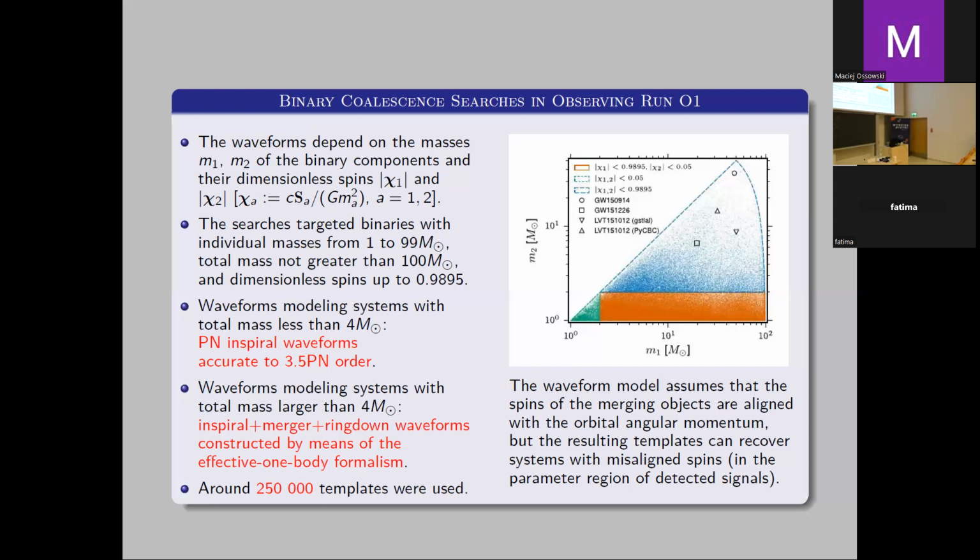The rest, namely the blue or the orange one, were the full inspiral plus merger plus ringdown waveforms constructed by means of the effective one-body formalism. What is interesting is that some 250,000 templates were used. And in the newer observing runs, this number of templates is rapidly growing.